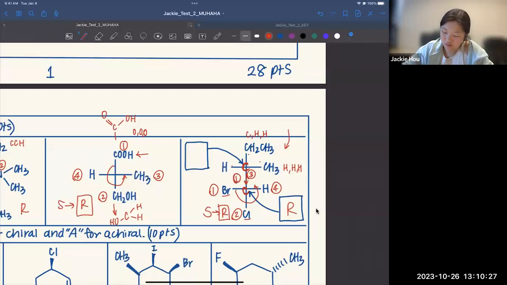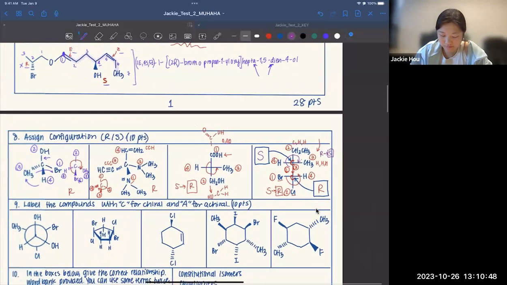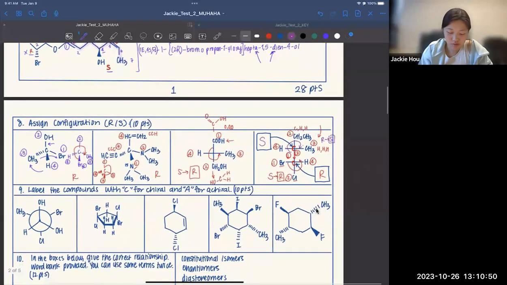So 1, 2, 3, and 4. And so if we go like this, you can see that's R, but we know the hydrogen is horizontal, so we change it to S. Right. Moving on.